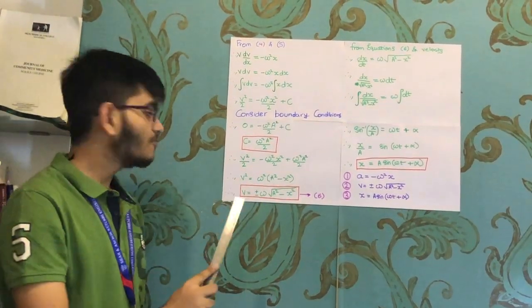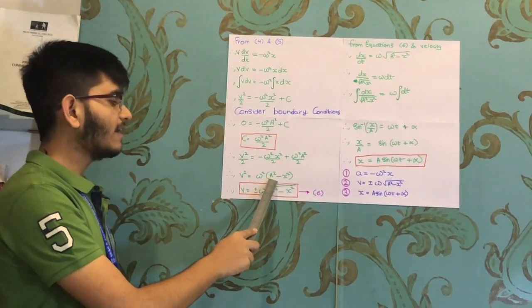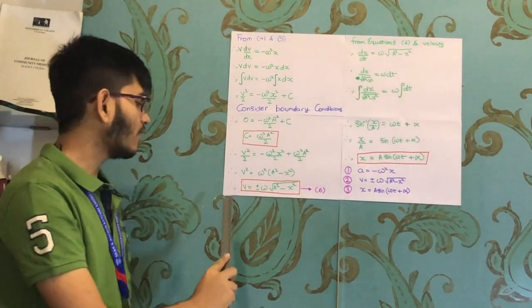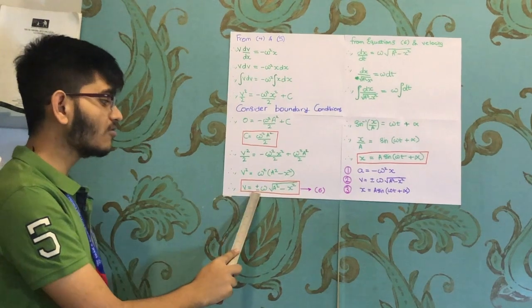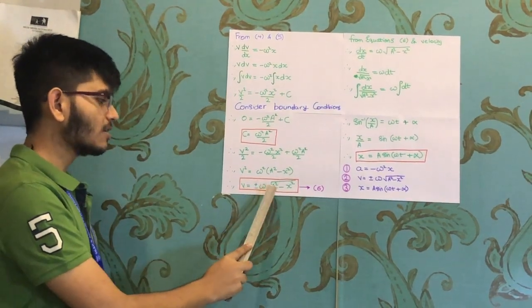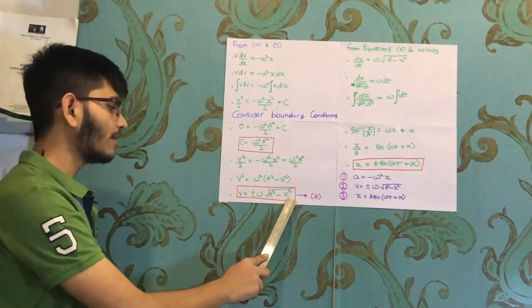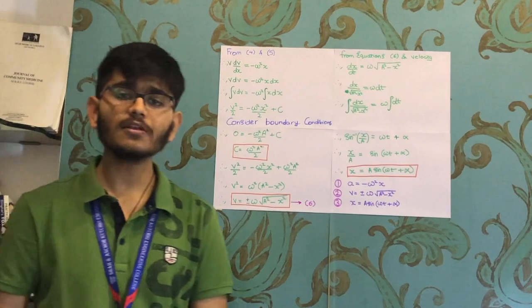Therefore we get v square is equal to omega square into a square minus x square. Taking square root on both the sides, we get velocity is equal to plus or minus omega root of a square minus x square. This is the expression for the velocity of the oscillatory particle.